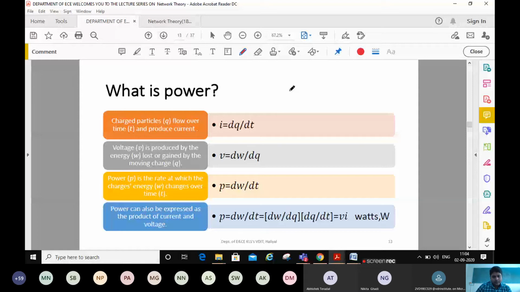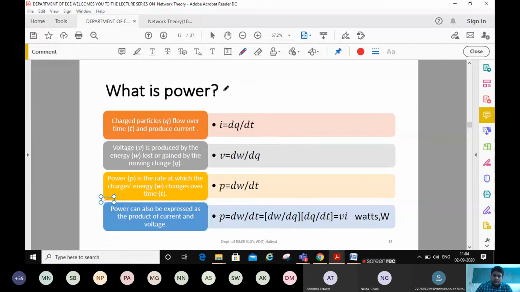We can say power is the rate at which the charges or the energy changes over time, right? That can be given by dw by dt. So dw by dt you can rewrite as dw by dq into dq by dt. So that is going to give you voltage into current, that is the watts, right?